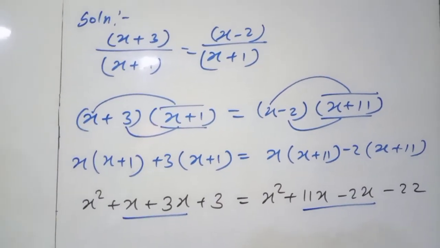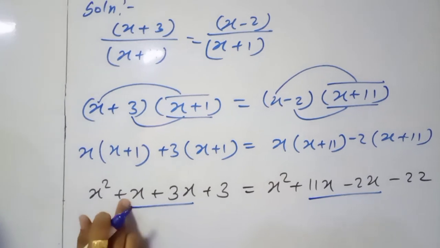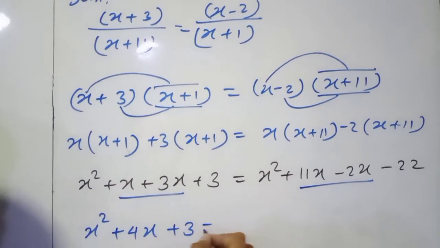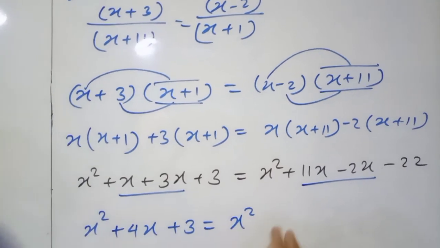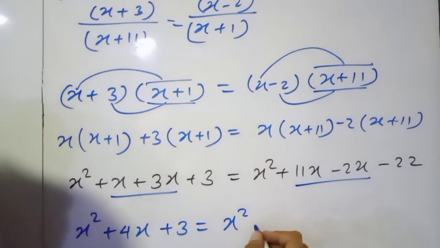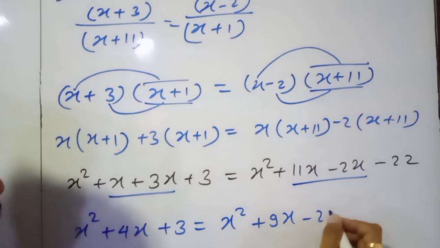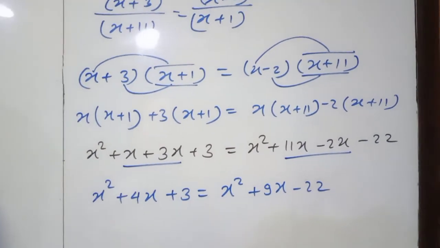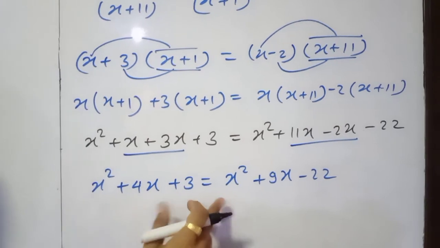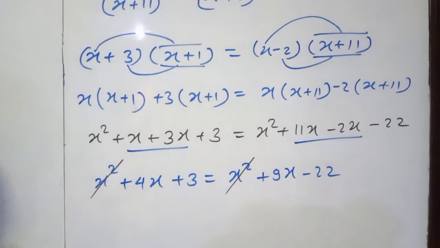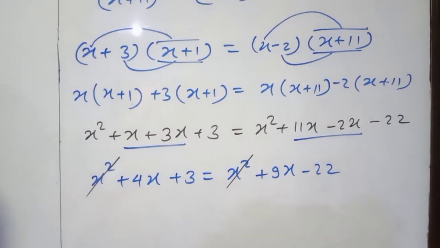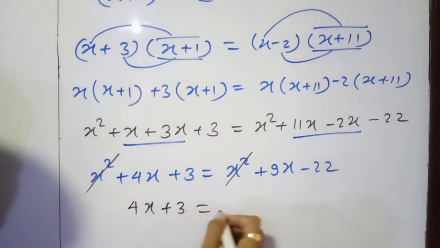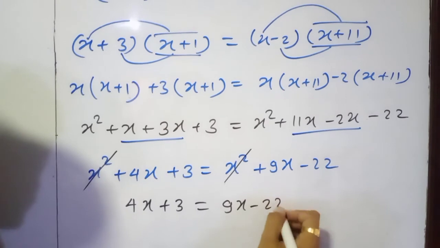Let's solve it. x square, x plus 3x plus 4x plus 3 is equal to x square, 11x minus 2x plus 9x minus 22. Now if we have the same number on both sides of the equal to, that will cancel. x square and x square will cancel. So what will remain? 4x plus 3 is equal to 9x minus 22.